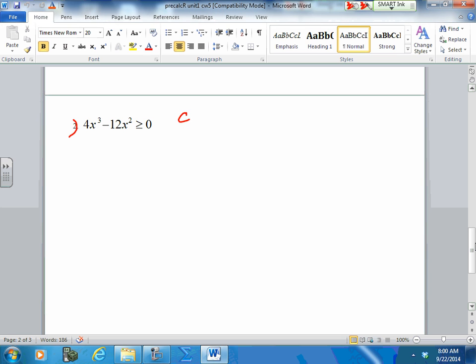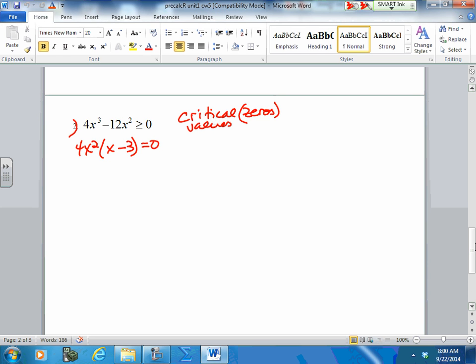Everything is to the left-hand side. We need to find your critical values, your zeros. So I have 2 terms. What's my greatest common factor? 4x squared. What's left? Set this equal to 0.